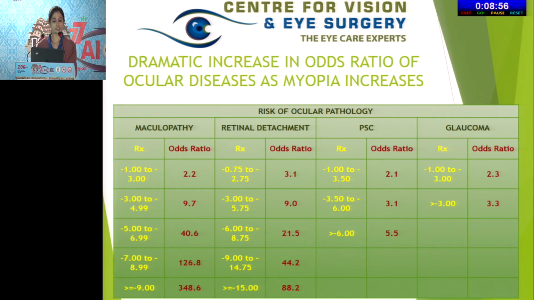If anybody has a myopia of -5 to -6, the chances of maculopathy increase almost 40 times. So it's a very high number. And as we move forward, the amount of resources spent on the treatment obviously also multiplies.